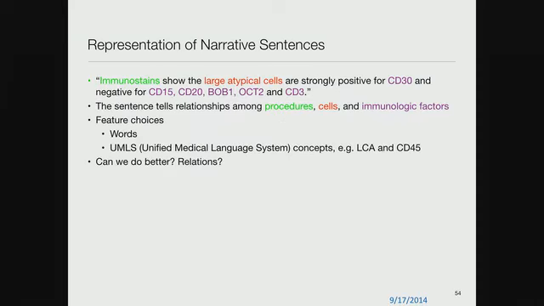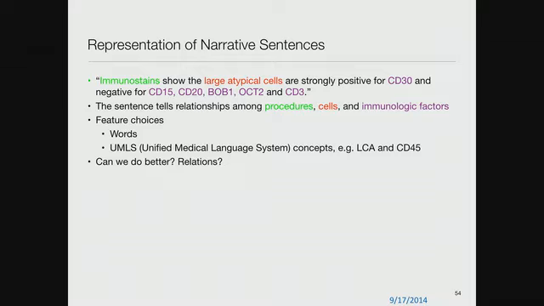And what he did is to say, well, let's see, if we look at a statement like this, immunostains show that large atypical cells are strongly positive for CD30, negative for these other surface expressions. So the sentence tells us relationships among procedures, types of cells, and immunologic factors.